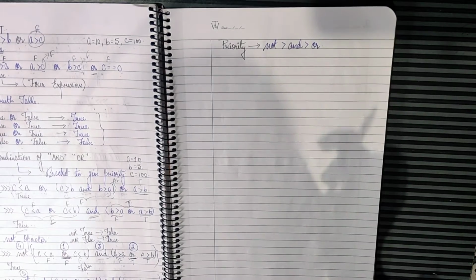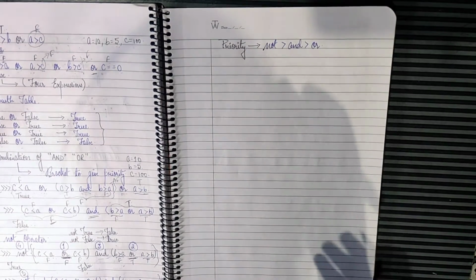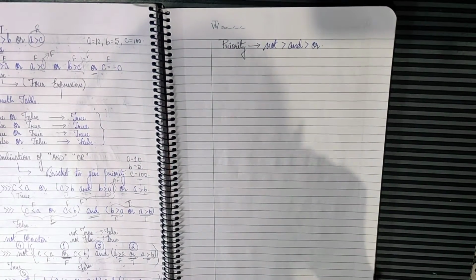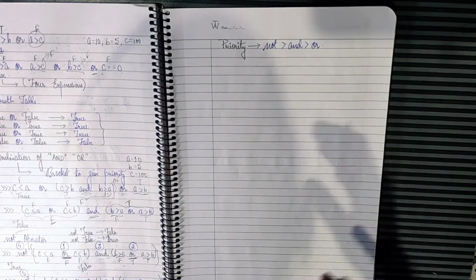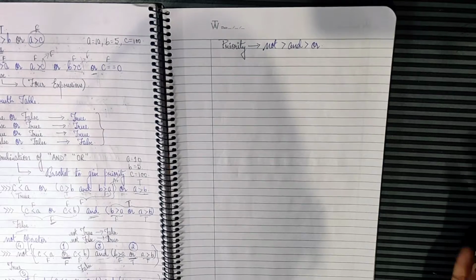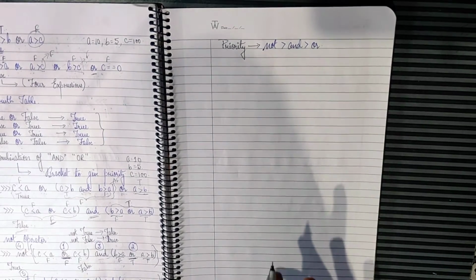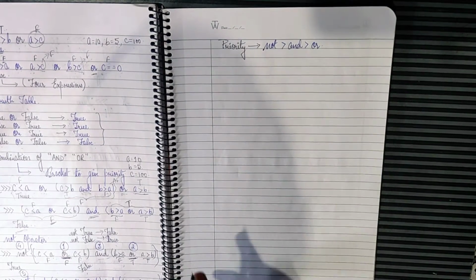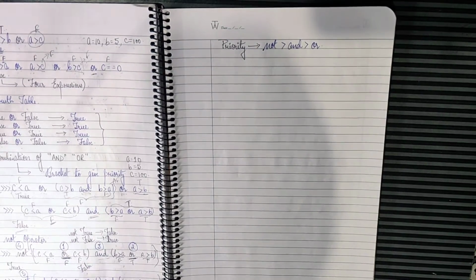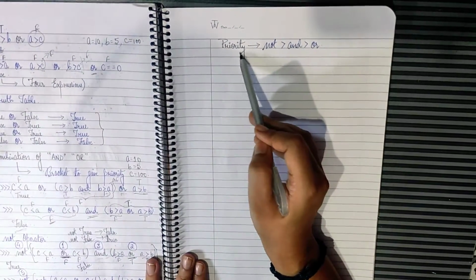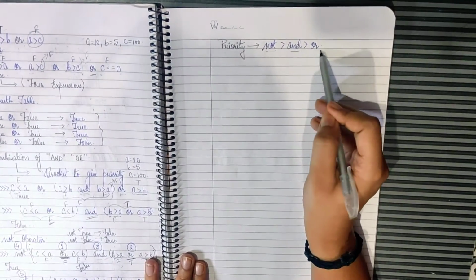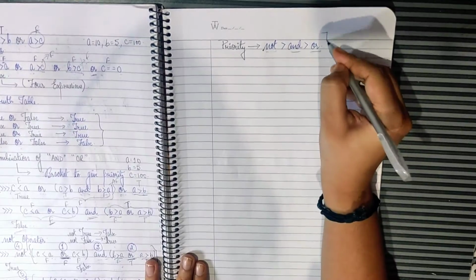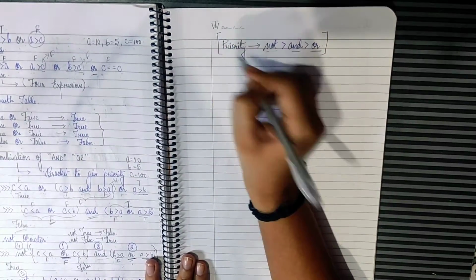So there is a precedence table, also called a priority table. Based on the priority, we will execute the operator first, followed by the others of lower priority. I will show you that precedence table after I complete all the operators. But in the logical operators, the priority is given higher to the NOT operator, then the AND operator, and then the OR operator. This is the key point for today's video.